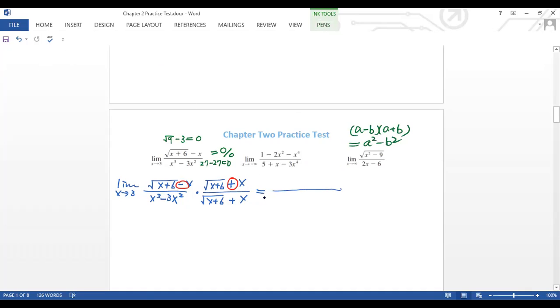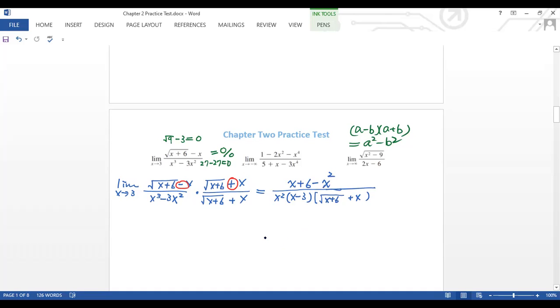I can factor out x squared, so this is x squared times x minus 3. Then nothing happens to the conjugate, so it's the square root of x plus 6 plus x. Then on top, a is the square root of x plus 6, so it's a squared minus b squared, which gives x plus 6 minus x squared.